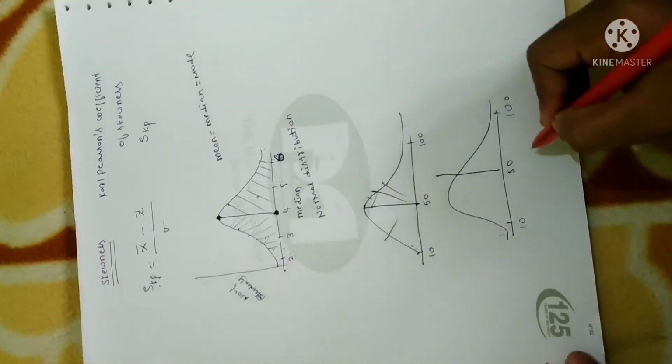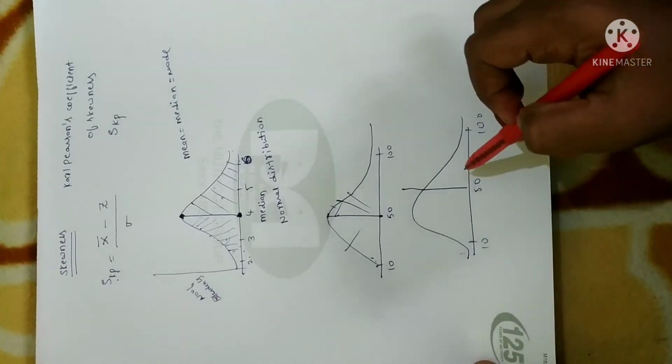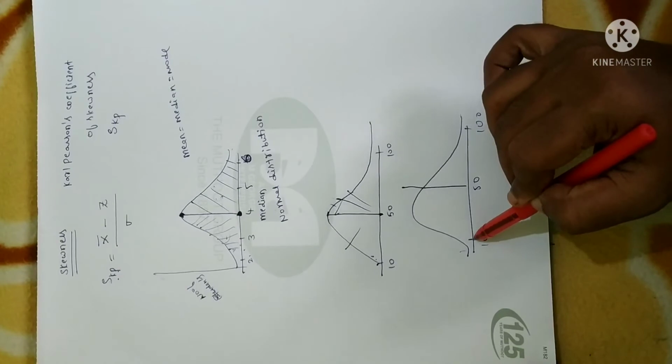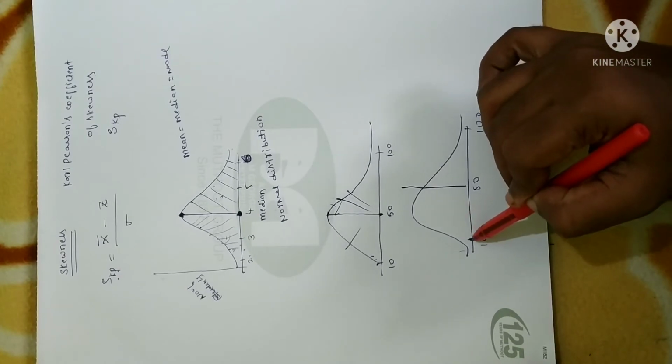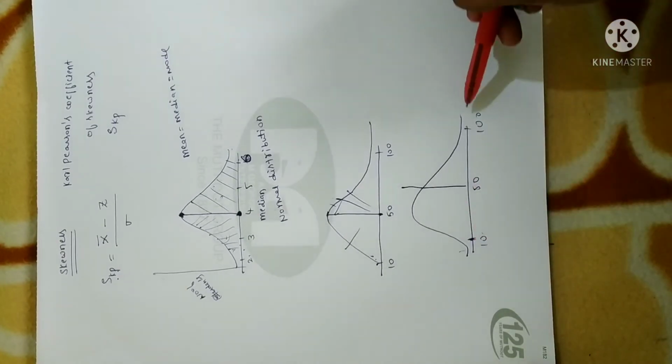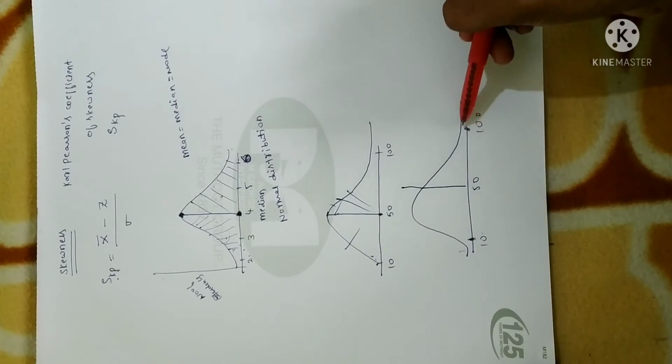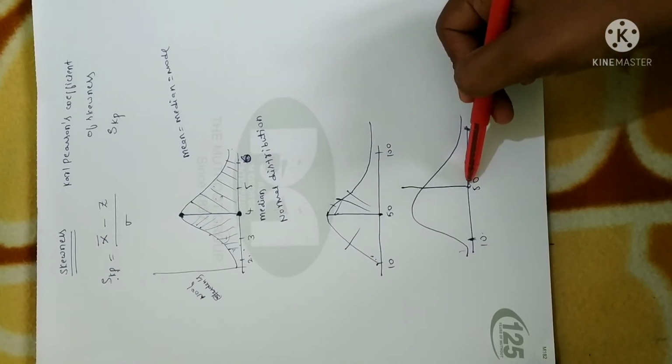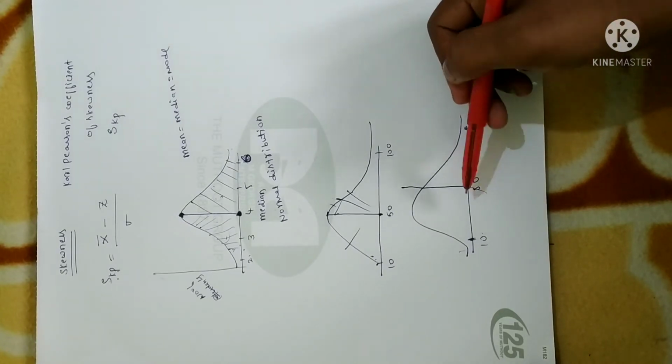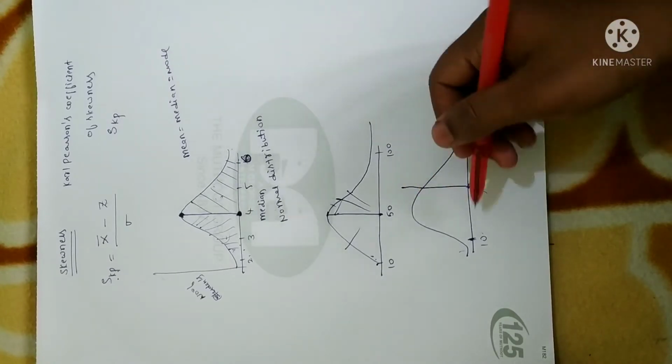This picture is quite clear. This represents a person who takes an income of 10,000. This represents 100,000, that is 1 lakh rupees. This represents a person who earns 50,000 per month. Let me take that as an example.